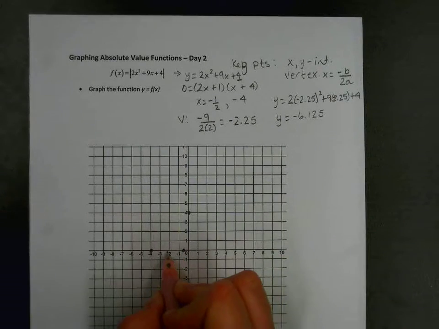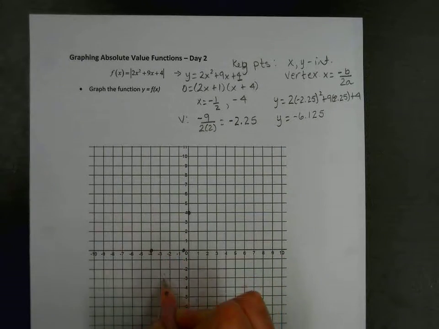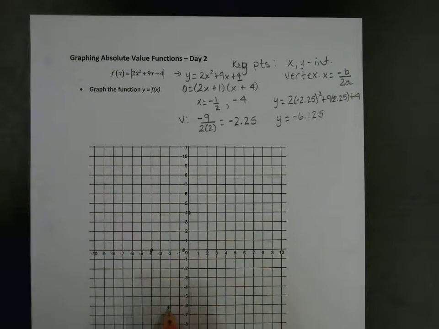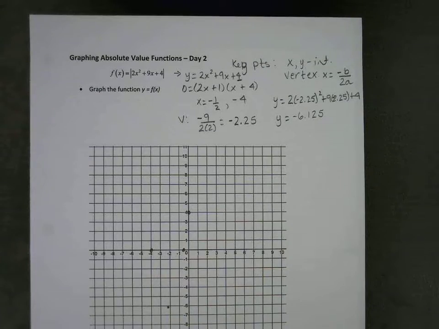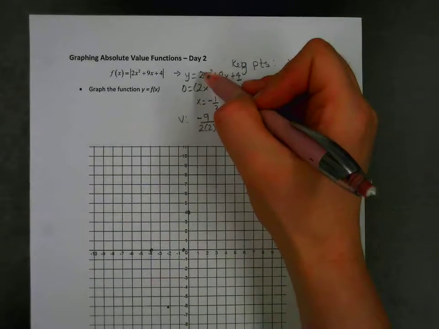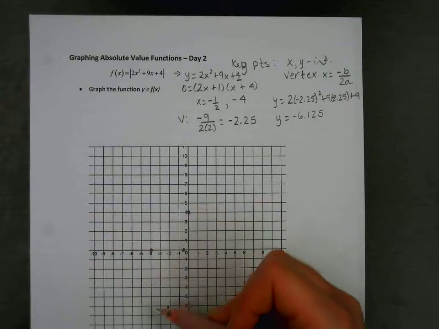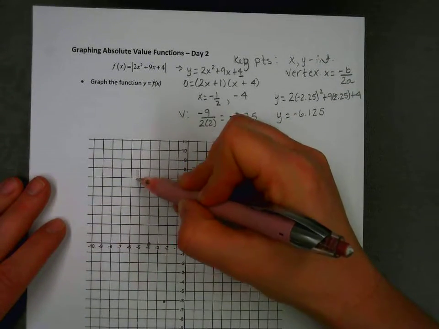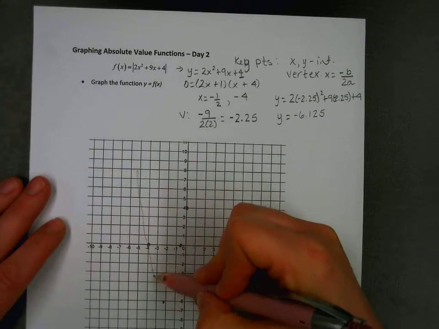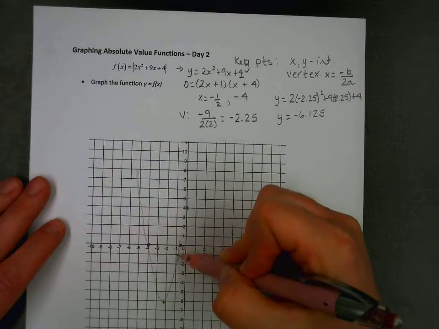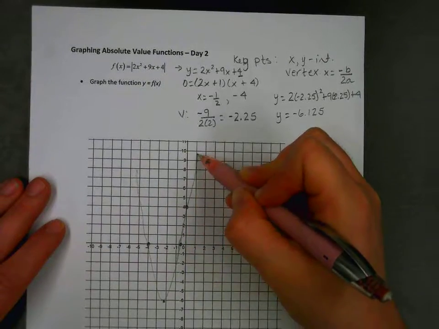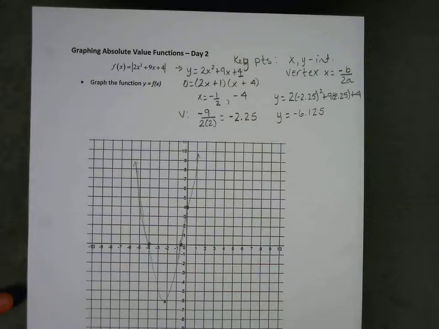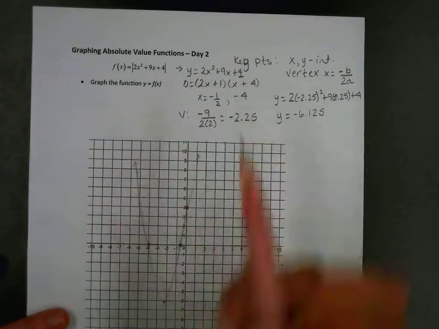My x value is -2.25, approximately there, and -6.125 is approximately here. So there's my vertex of the graph. We know my a value is positive, so this quadratic should be opening up. I'm going to lightly sketch this function the best that I can, going through all those key points. Okay, so this is my quadratic function.